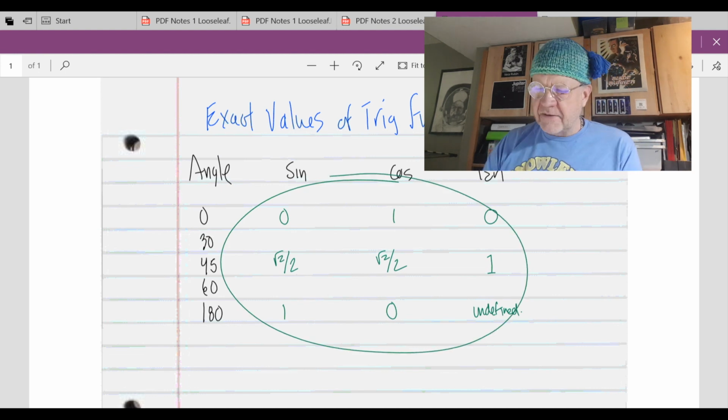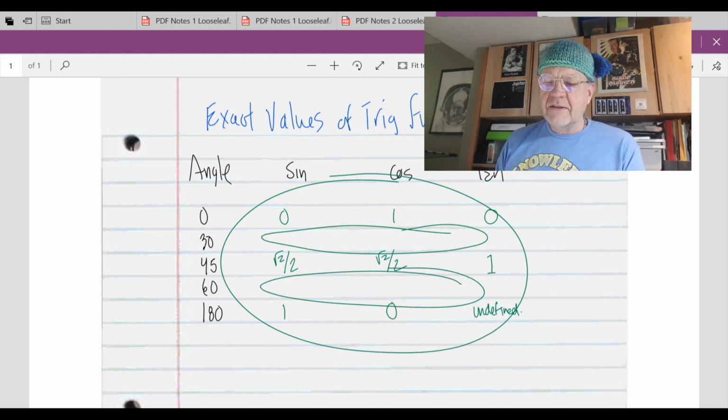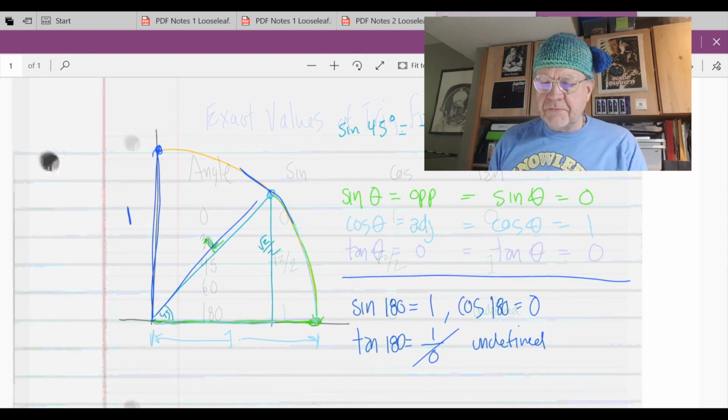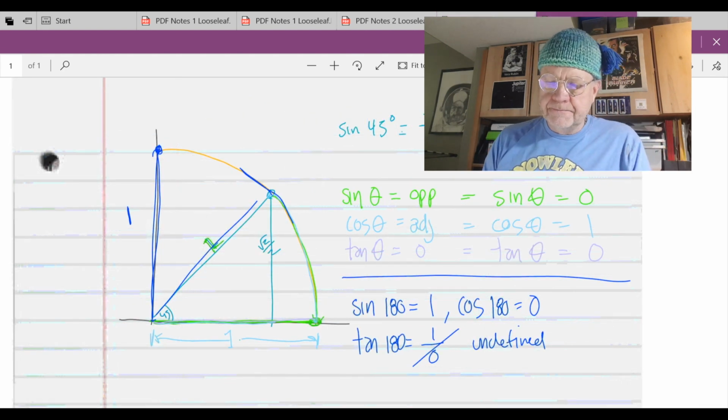So without doing much complicated math at all, we have been able to figure out most of this table area. What? 9/15 of this table. Just leaving a couple of things left to do. Cos, sine, tangent of 30 degrees, and cos, sine, tangent of 180 degrees. Let's go see how we're going to figure that out. I think it's pretty clear that we won't be able to use this triangle here.